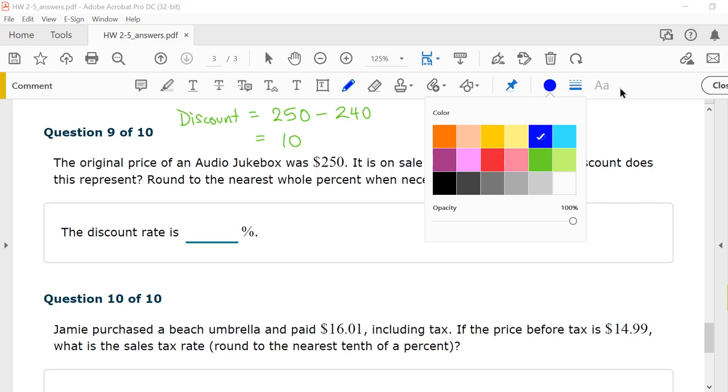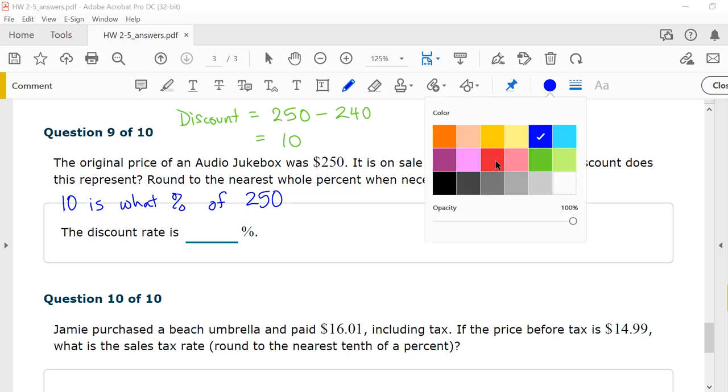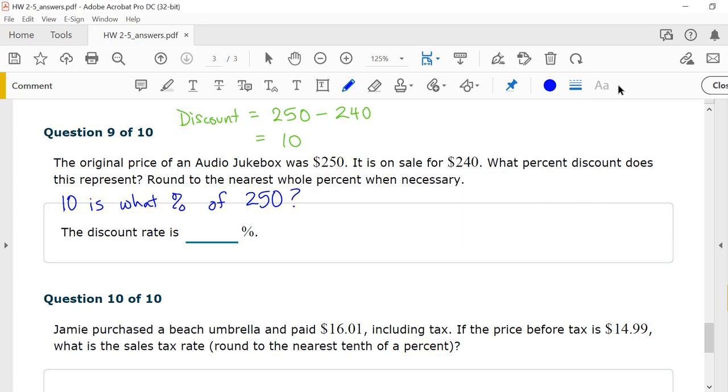So the question I'm wanting to answer is that 10 is what percent of 250? $10 discount is what percent of the original $250 item? So here we go with our is over of. 10 is what percent?